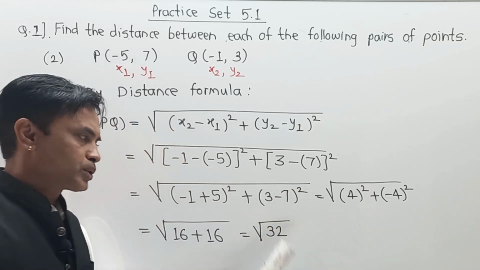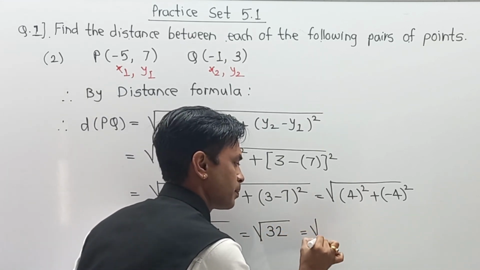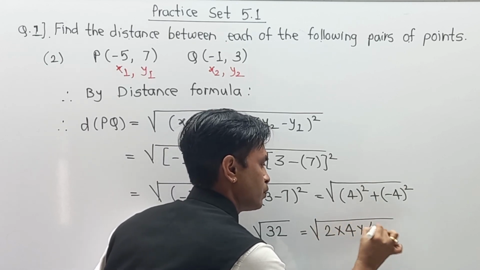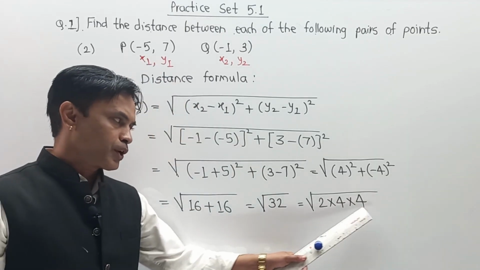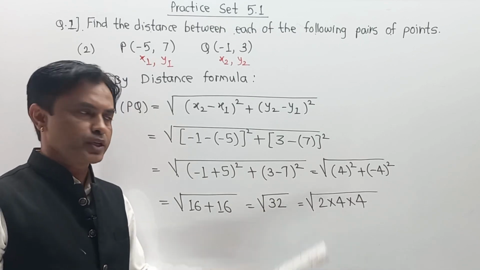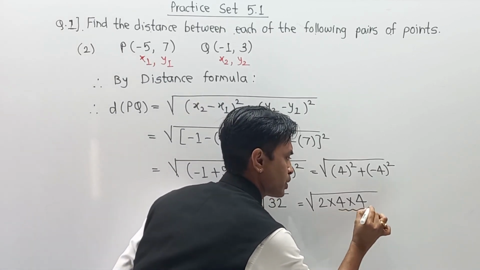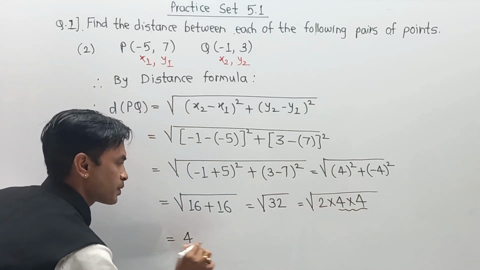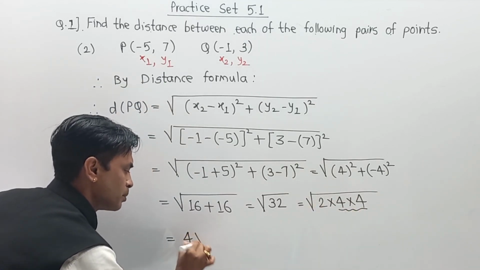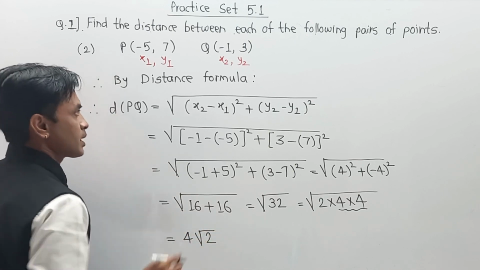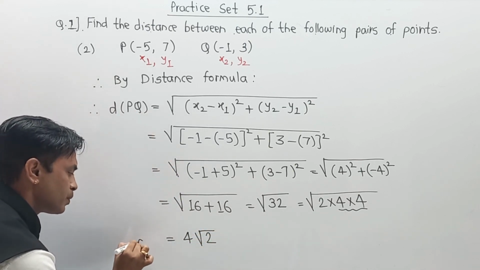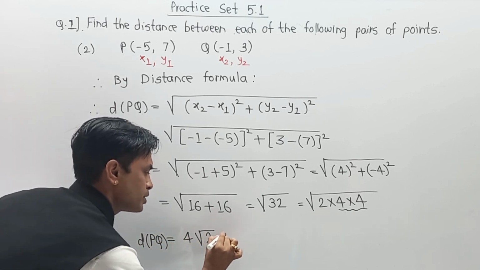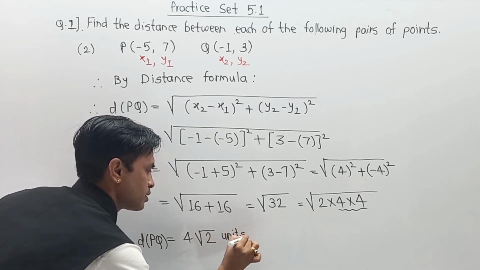Now here root 32, if you want to make its breakup, then it becomes 2 into 4 into 4, because 4 into 4 is 16 and 16 into 2 is 32. So this 4 into 4 is repeated, so it's twice, so 4 comes out, and this under root 2 remains as it is, and that is nothing but distance PQ, 4 root 2 units.